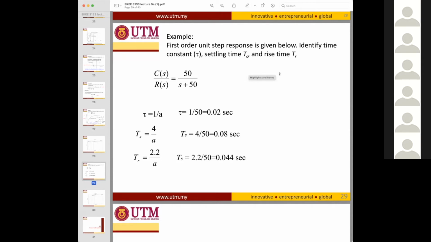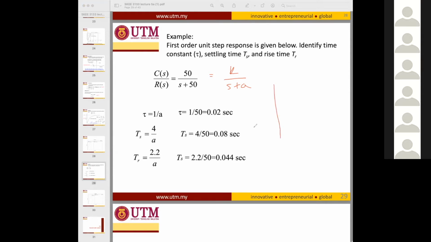Ah, I don't understand what you say. A is poles, right, doctor? Sekejap, eh. First, we compare with the S plus A. Oh, okay. I understand now. Okay. Thank you, doctor.